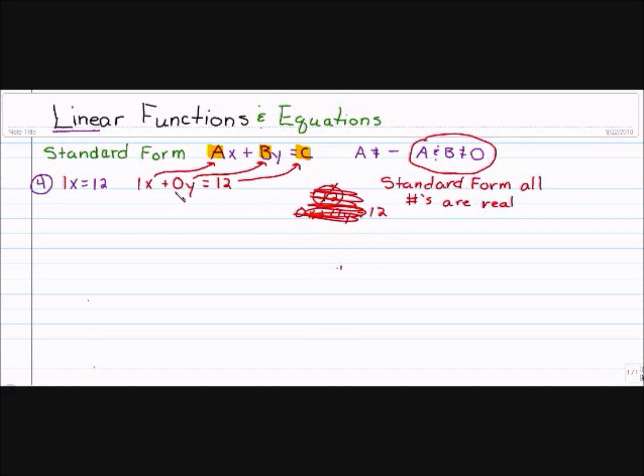Now all I have to do is identify my a, b, and c. Your a is 1. Your b is 0. And your c is 12. So therefore, this is linear. It will create one straight line.